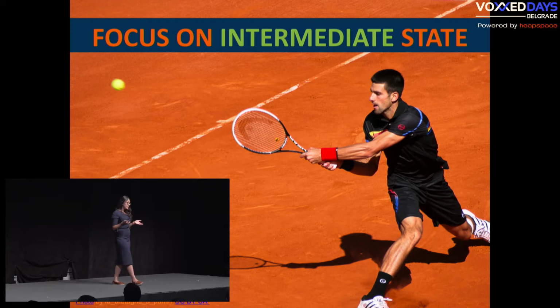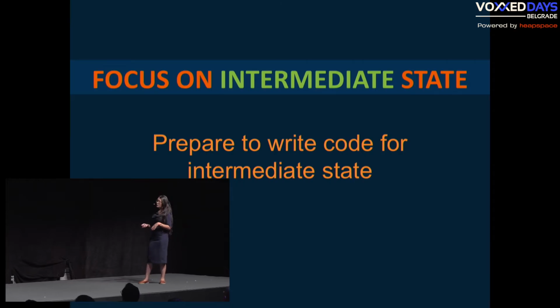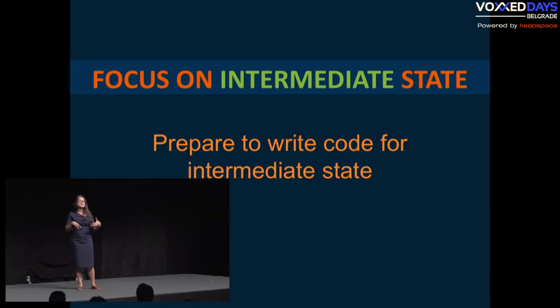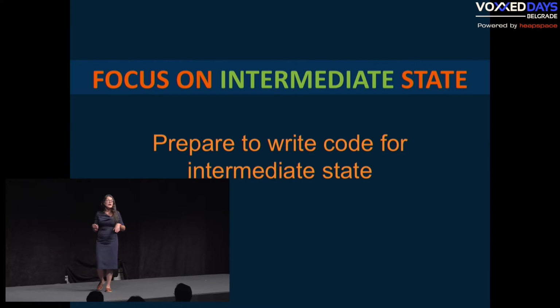So it's very important, as you start thinking about migration, to focus most on that. So prepare to write a lot of code for the intermediate state. It might be throwaway code that, as soon as you're done with migration, you just toss out. It might be code that you keep around for a while, because maybe your migration takes a long time, or you intend to keep old pieces in place as well.